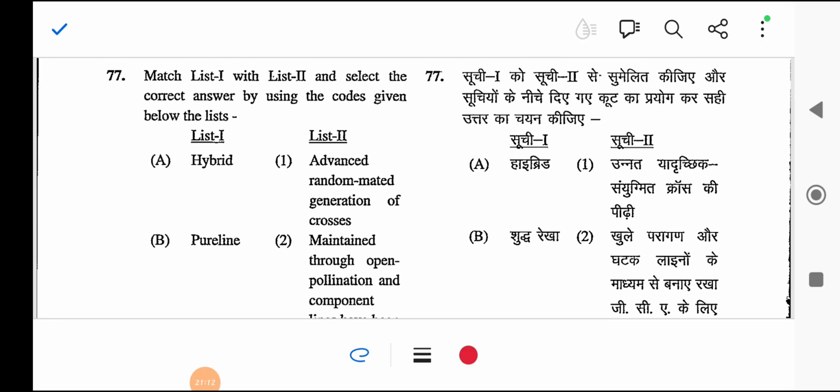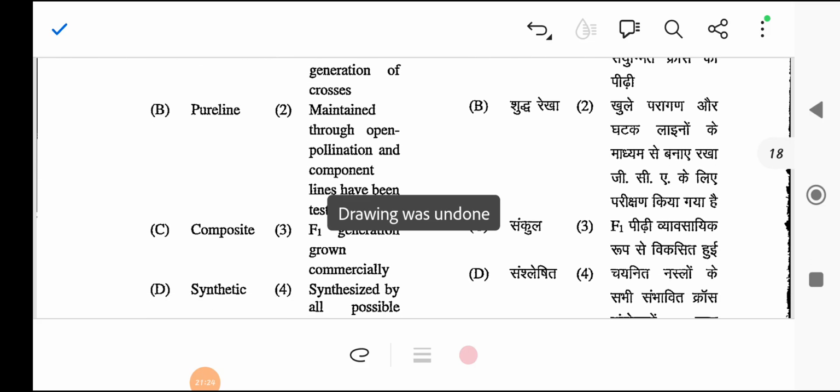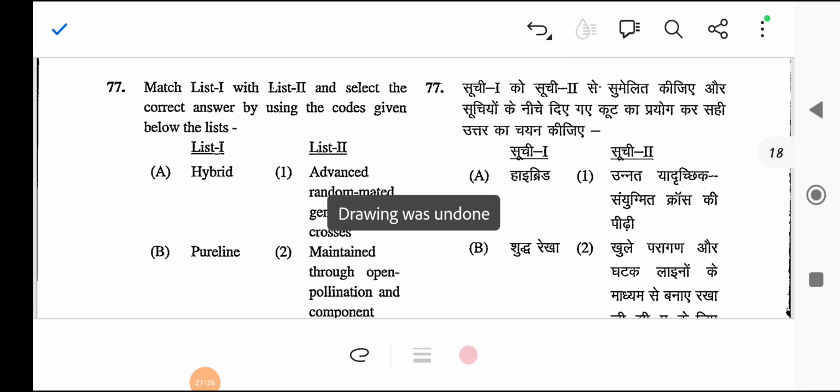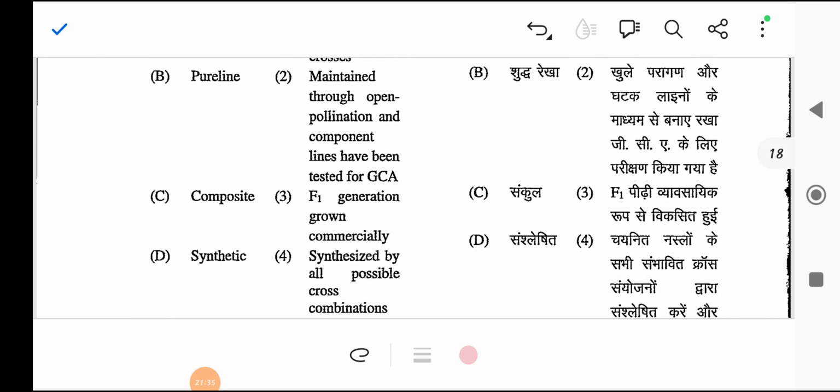Next is match the following. So here, hybrid is what? Hybrid is F1 generation grown commercially. It could not fit in one page, so I am just showing you F1 generation grown commercially.